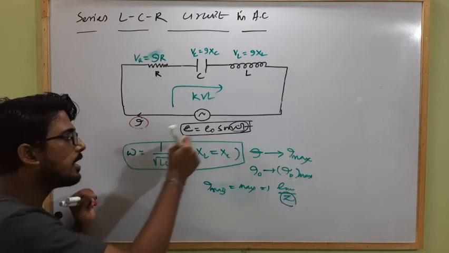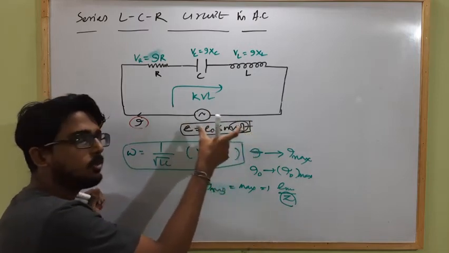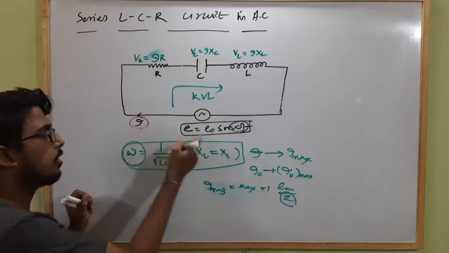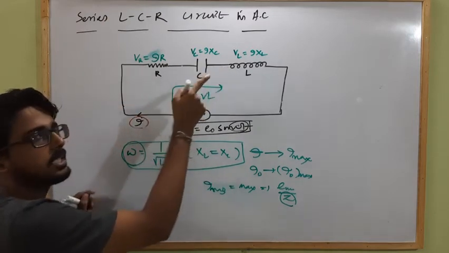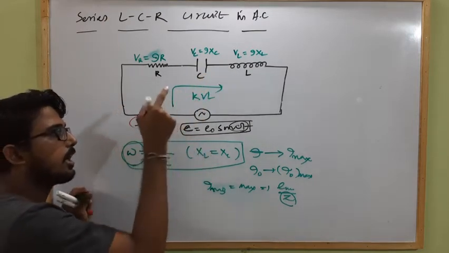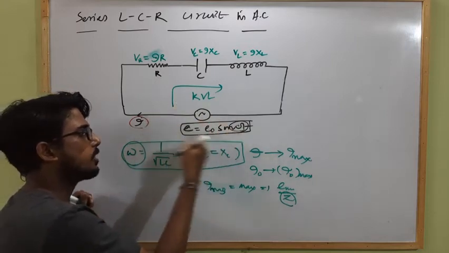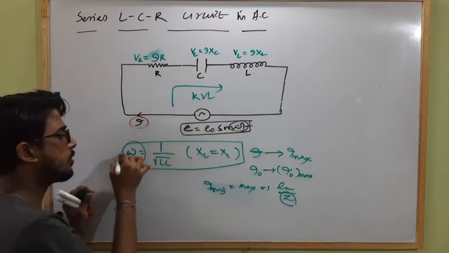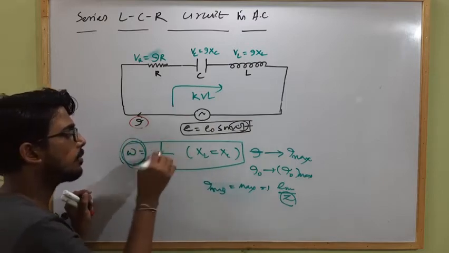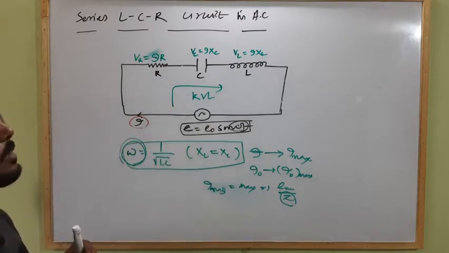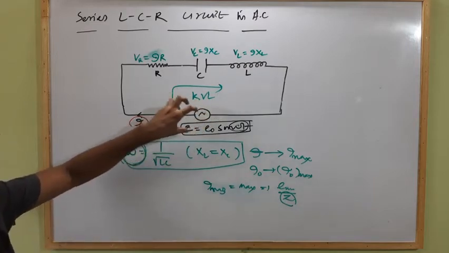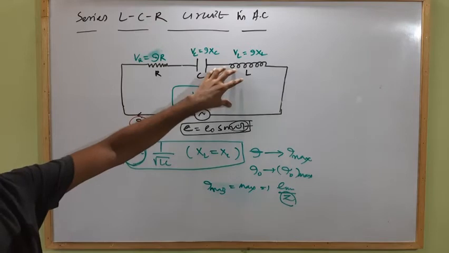Okay, so when an alternating EMF supplies a frequency equivalent to 1 by root over of LC for the given LCR circuit, then only is the alternating EMF able to supply maximum current through the LCR circuit.